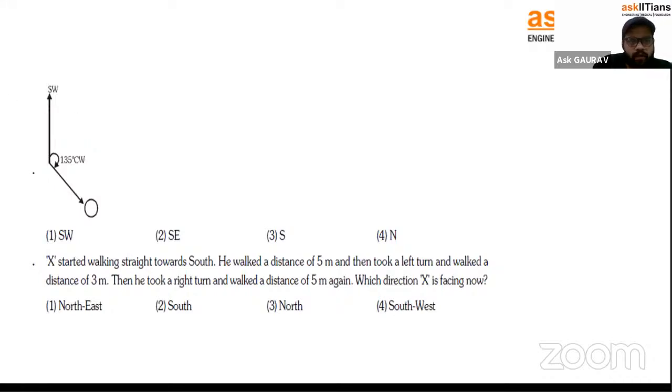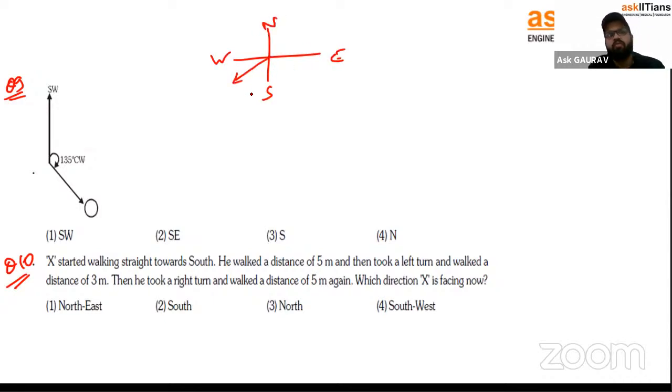Okay, do this question number 9. You are at southwest. You have to move clockwise direction 135. What will that be? If you are moving clockwise from your southwest, that will be north.